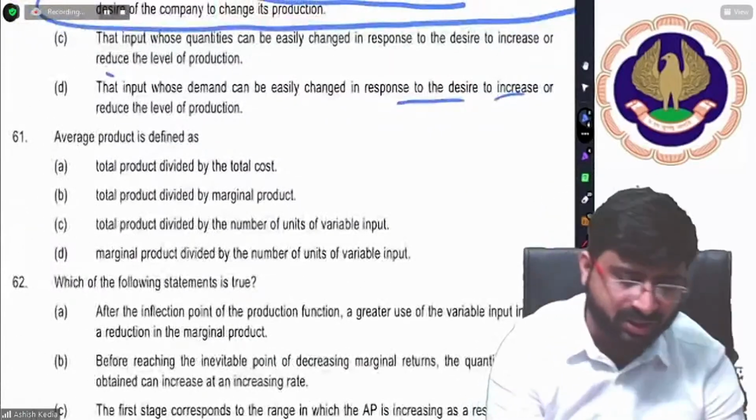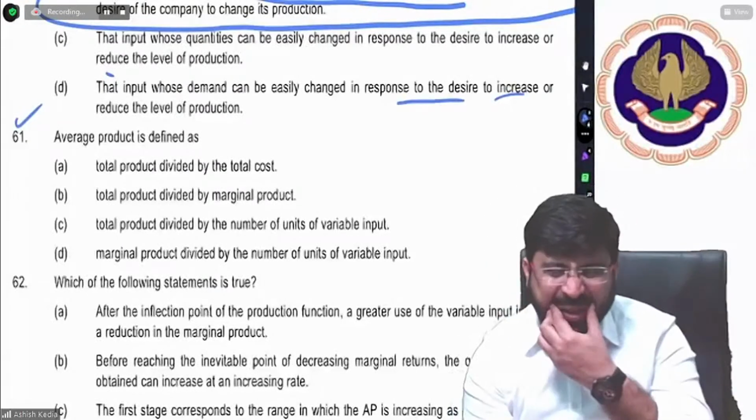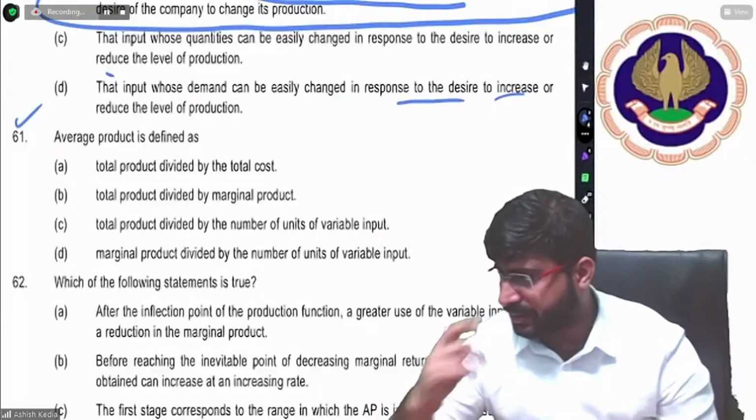Let's move on to question 61. What is average product defined as?